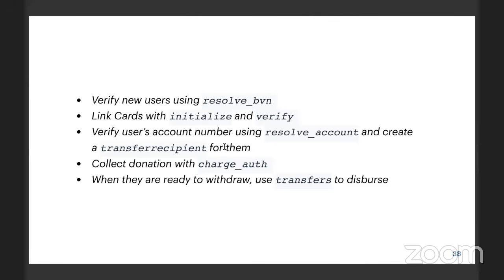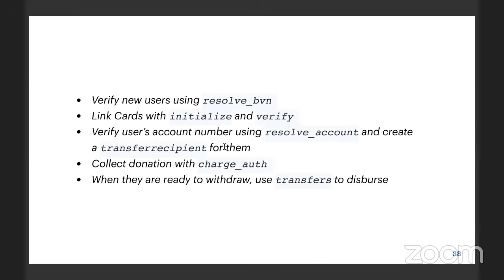When they enter their BVN, we return first name, last name, phone number, date of birth, and then the BVN number. So how you can do a BVN verification with that is you can send an SMS, an OTP to the phone number that we returned for that BVN, and the person can now confirm that OTP. If the person confirms the OTP, you can be sure that the person is the owner of the phone that is linked to the OTP, and so by proxy, that is linked to the BVN. So by proxy, is probably the owner of the BVN, right?